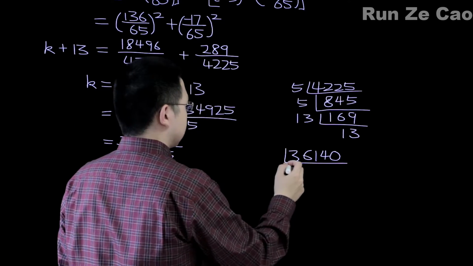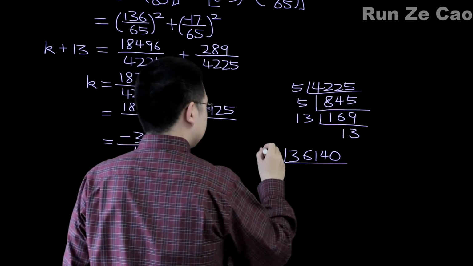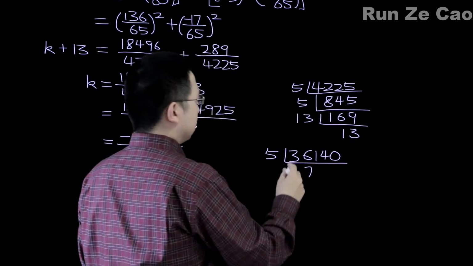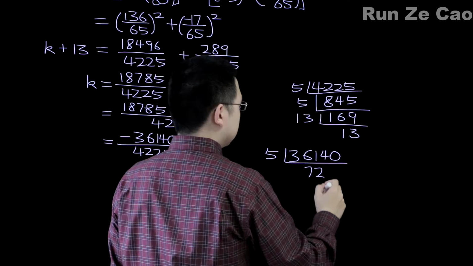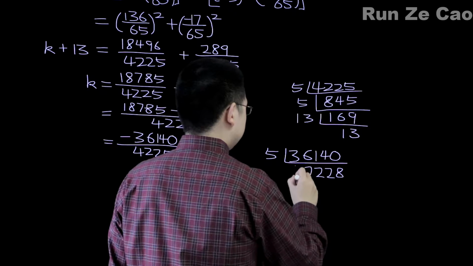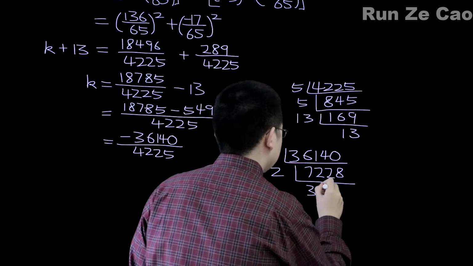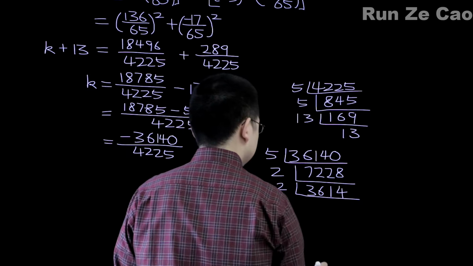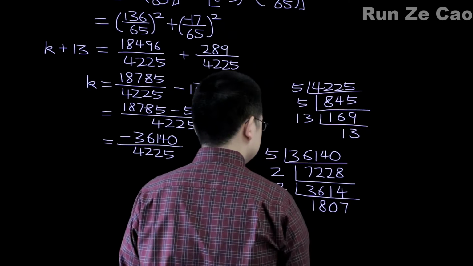So clearly we can start out with a 2 if we wanted, but no, let's do this instead. We get 18070, and 2 again, and we get 9035, then 1807.